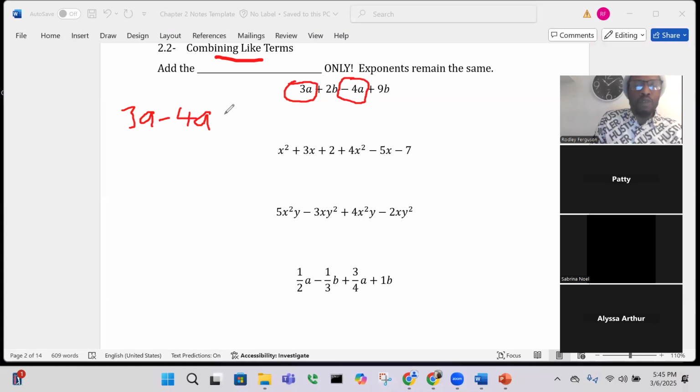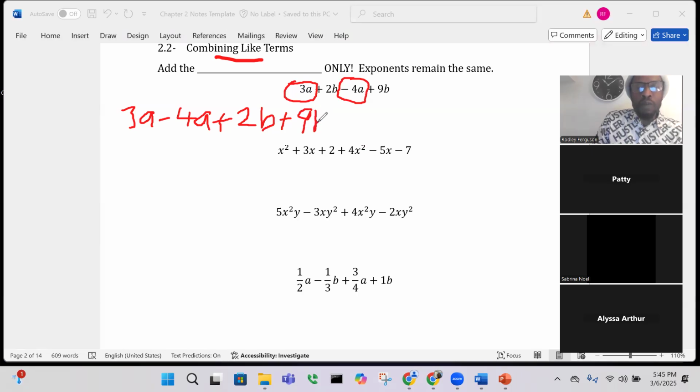And then we're going to see plus 2b. Again, the sign in front goes with the number. Plus 9b. So you have to be able to do this.